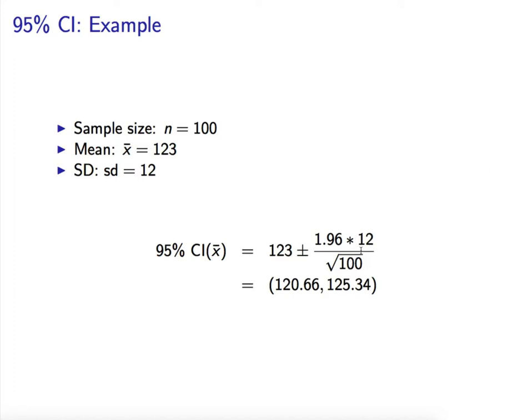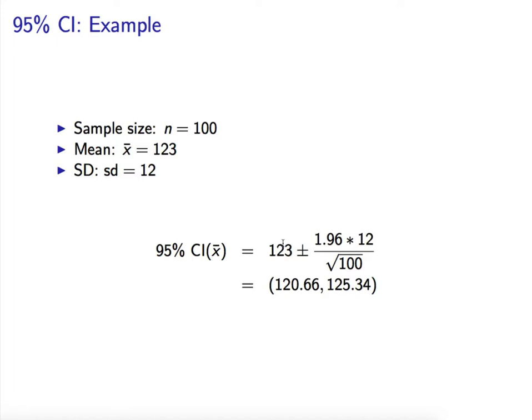That's 12 over the square root of 100. 12 is the standard deviation that we measured from our sample, and the standard error is a measure of how much we expect our sample mean to vary.